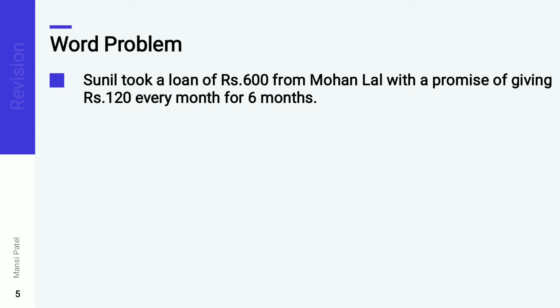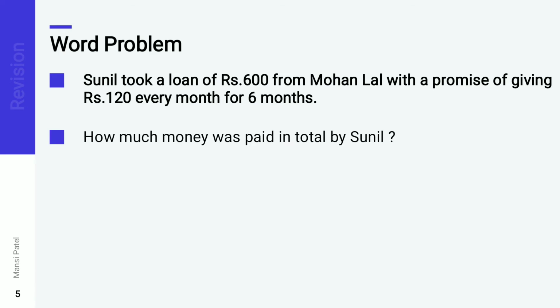This 120 rupees is paid by Sunil to Mohanlal. For how many months? For 6 months. It means till 6 months, in each and every month, Sunil paid rupees 120. Now your question is how much money was paid in total by Sunil?